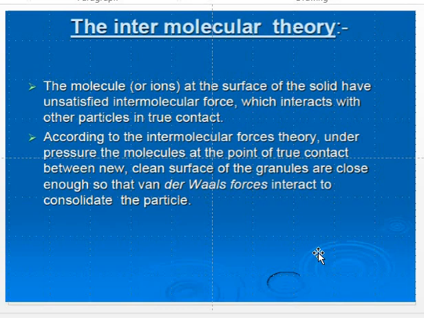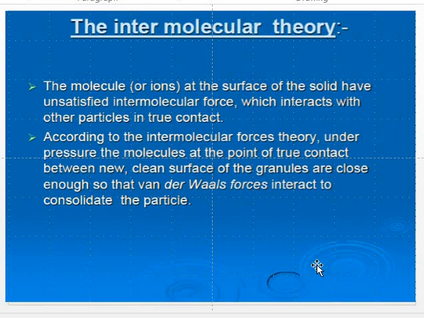So there is interaction between the old surfaces and new surfaces, and they will try to bond to each other, and the forces developed between those particles are called the van der Waals forces. Those forces will try to pull the particles towards each other and cause the bonding. So it is called the intermolecular theory.